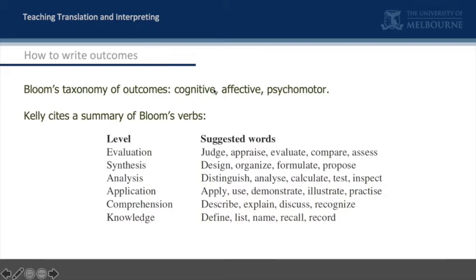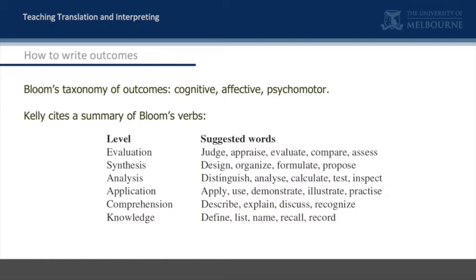Bloom worked initially on cognitive measures or types of outcomes, but then later incorporated affective measures, how people feel about it, or what kinds of interpersonal skills are developed, and psychomotor skills of what you can actually do when you're, for example, typing or working on a text physically, or using software.